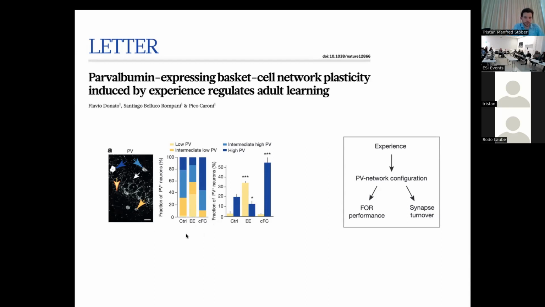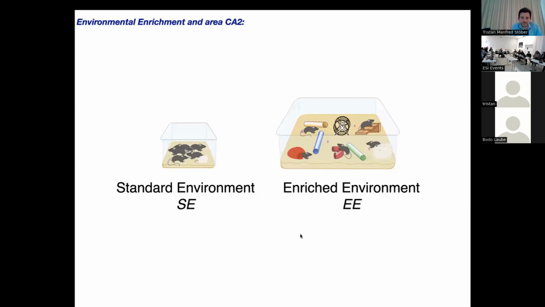So here you have very different experiences, and you could really see this change in the parvalbumin interneuron expression. And we thought, wow, okay, parvalbumin cells seem to be really important in CA2. What happens if we put our mice, and their cells, of course, they go together, in EE for 3 weeks? And so that's what we did.